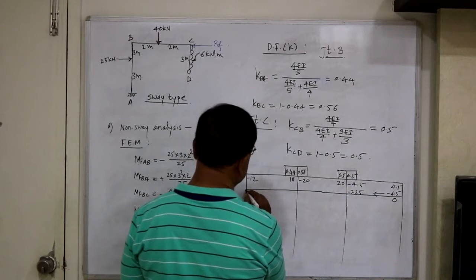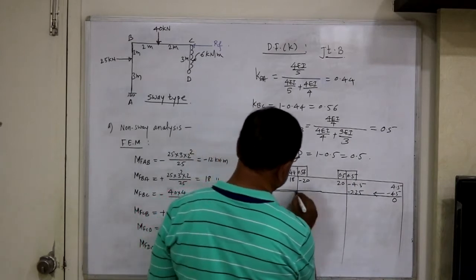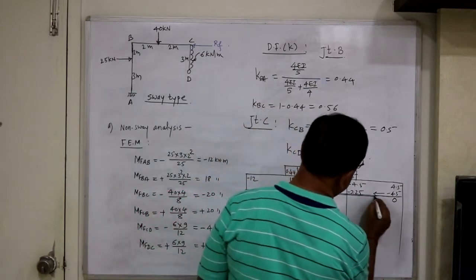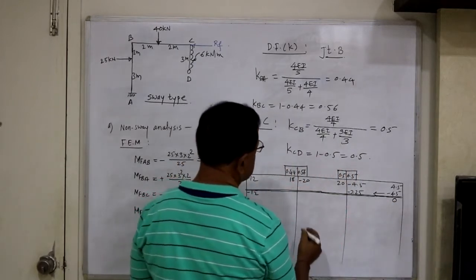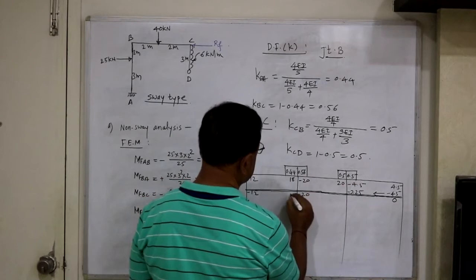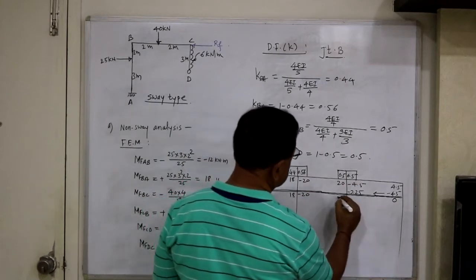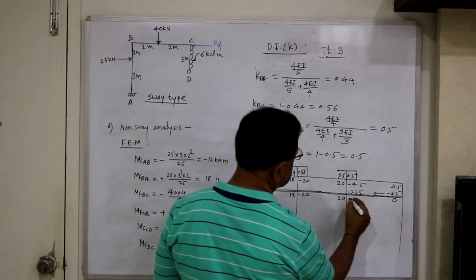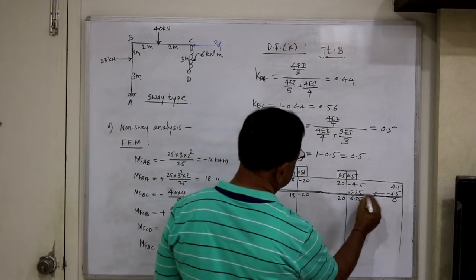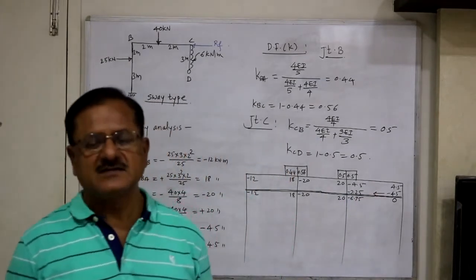Take a double line because now we are taking the summation here, and these are called the initial fixed end moments. So this is minus 20, 18, this is plus 20, and this is minus 6.75. So these are the moments.